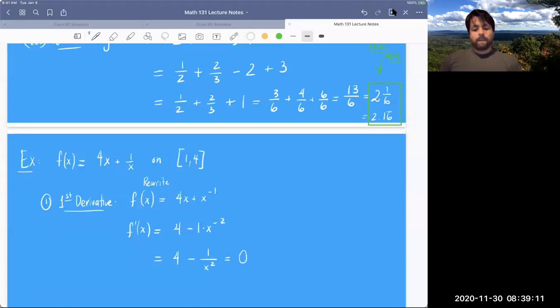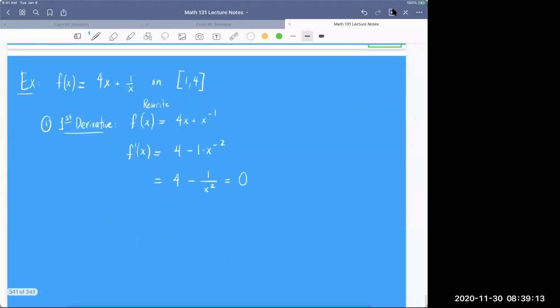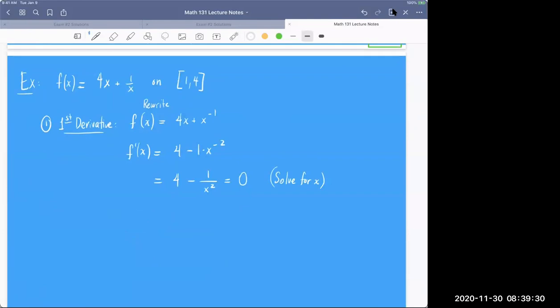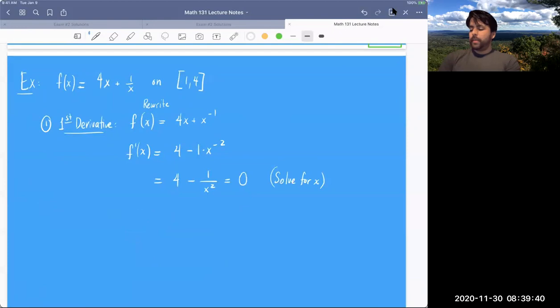And then what do you do after that? You try to solve. So now I want to solve for x. How do I solve this equation?